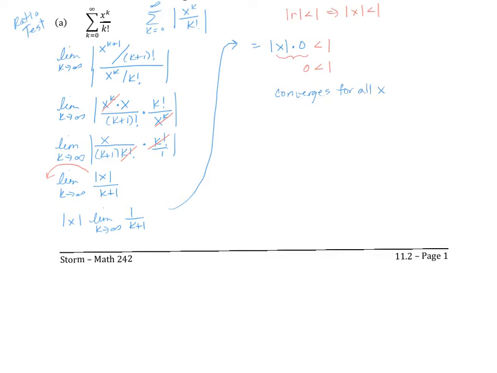If x is 1, -1, a million, 0.25, doesn't really matter since I'm multiplying it by 0. It'll always converge. So my interval of convergence, can't spell, is going to be -infinity to +infinity.